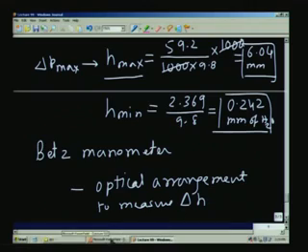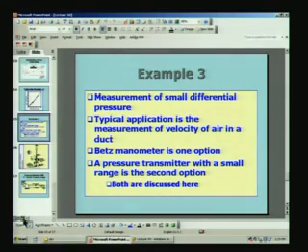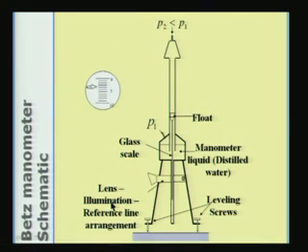So, let us look at a typical schematic of a Betz manometer. It is basically a well type manometer. Instead of a U tube, there is a vertical tube sitting into the well. The well is a very large reservoir of water.